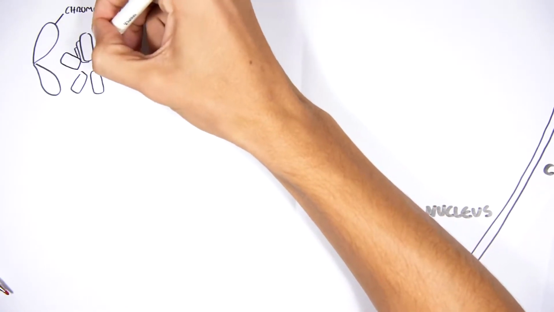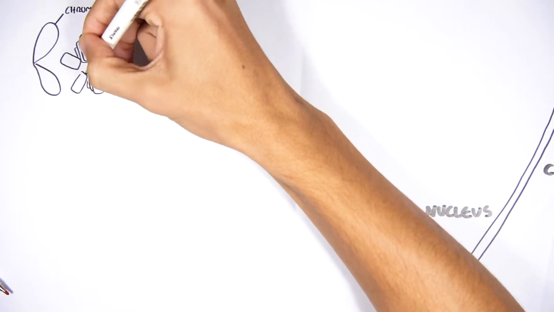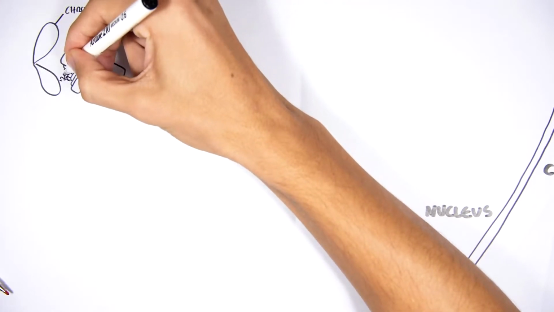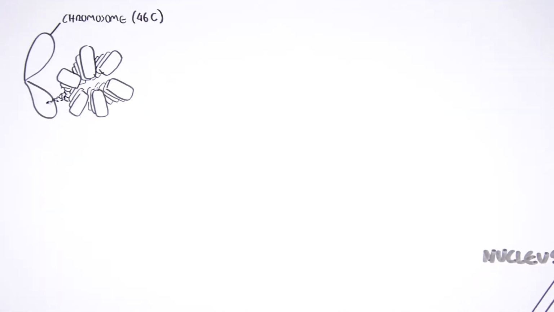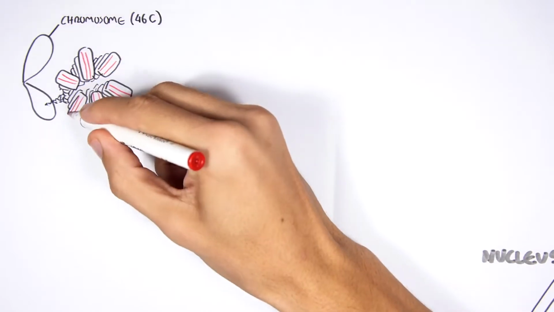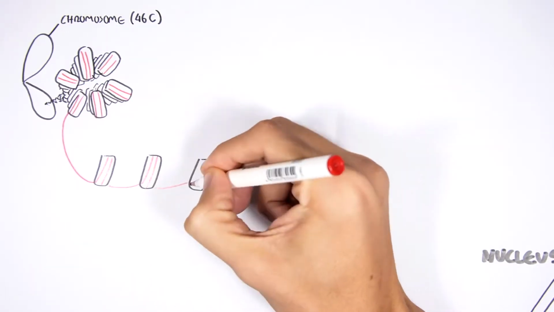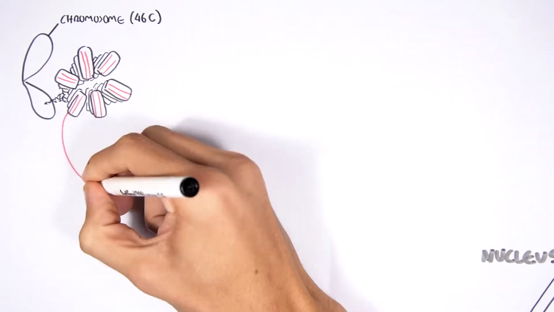If we unpack this particular chromosome, the genetic material is cleverly wrapped around these proteins called histones. So pulling out some of these histones, our genetic material here is organized, wrapped around these individual histones.